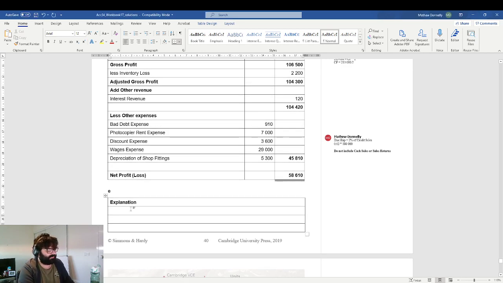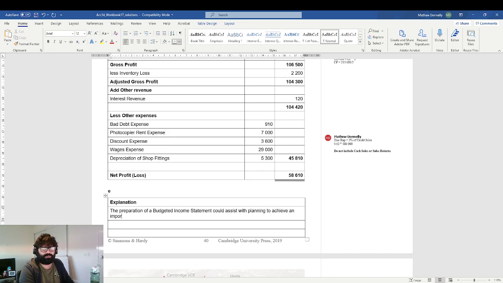Alright, E. So the preparation, try and use the same language in the question, of a budgeted income statement could assist with planning to achieve an improved gross profit by checking or modeling the cost of the markup to find an acceptable gross profit.